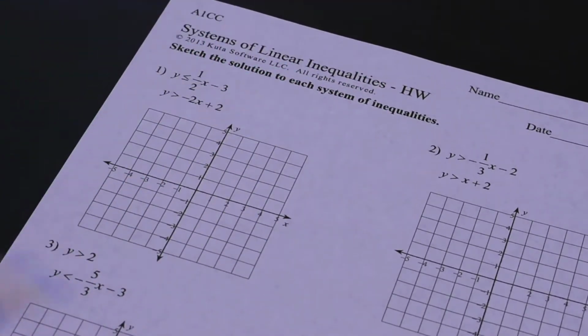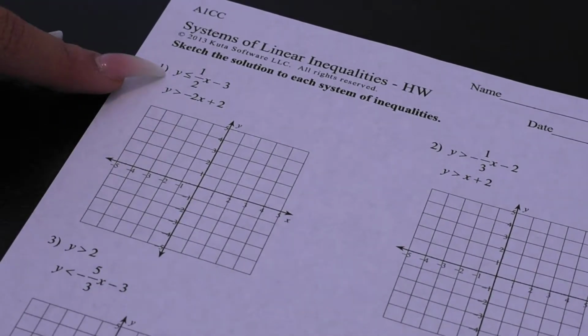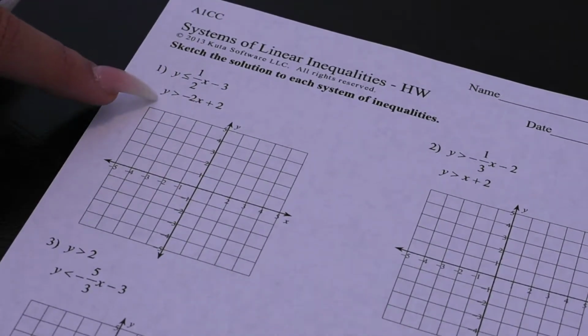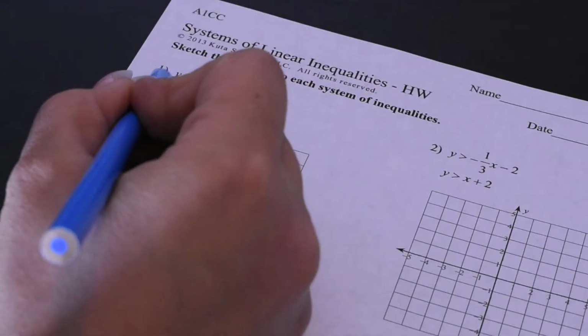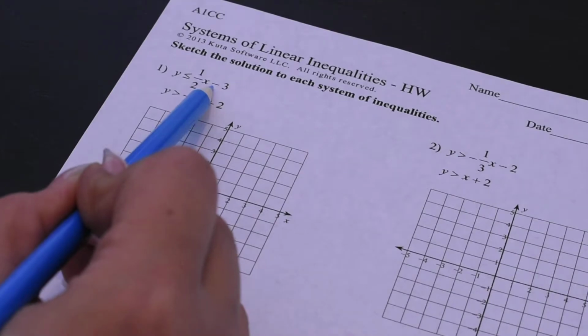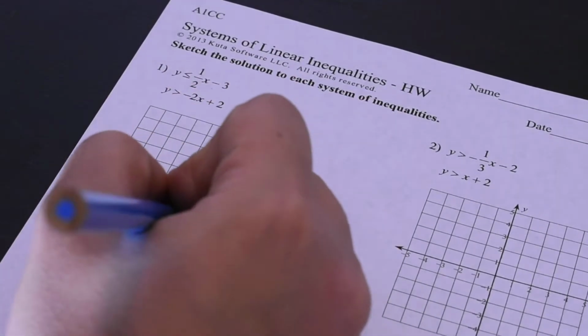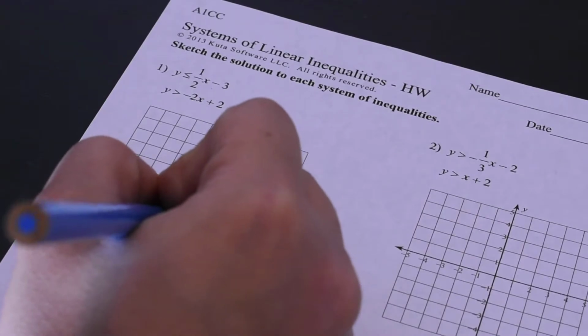Yay. So first thing I'm going to do is graph both of these equations. Looking at number one, in order to graph an equation, I start with the y-intercept. My y-intercept is -3. I'm going to go to -3 and put a little dot there.